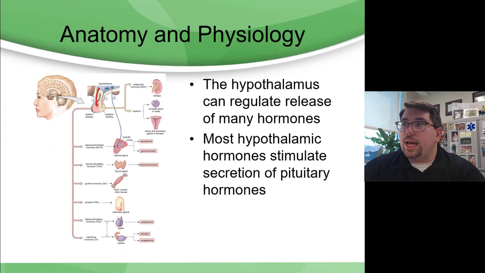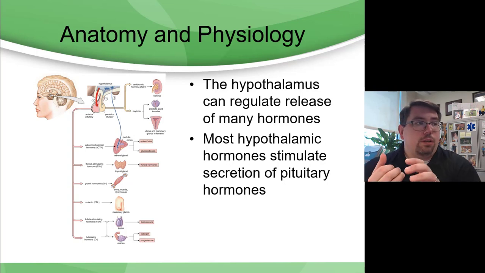You're also going to find that the hypothalamus can regulate the release of a lot of different hormones. Because in response to these impulses within the autonomic nervous system, the hypothalamus and the other organs of the endocrine system can release hormones that will really have an impact on homeostasis.